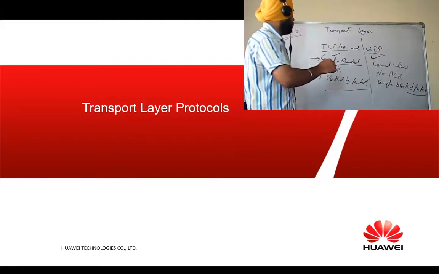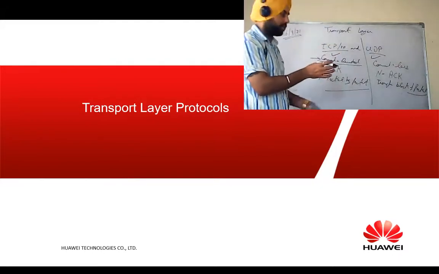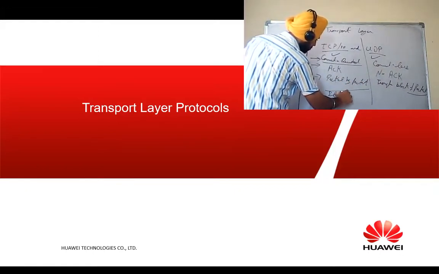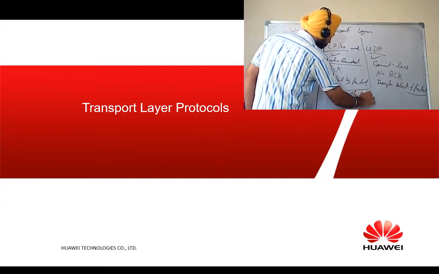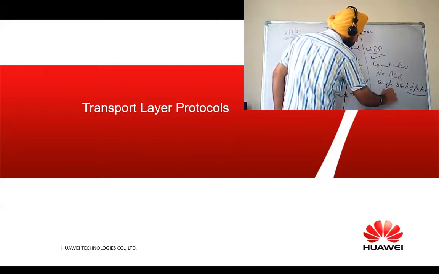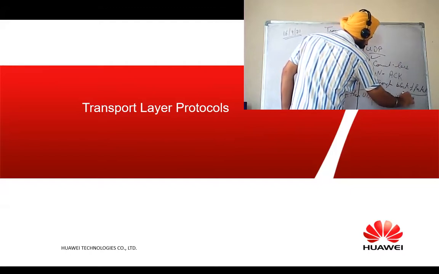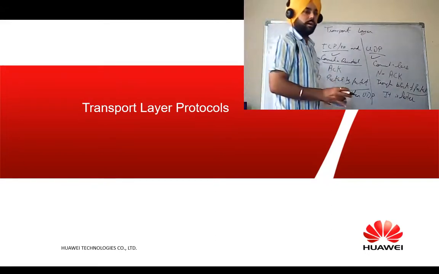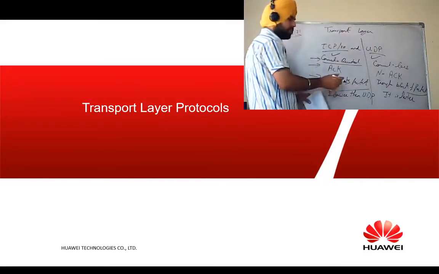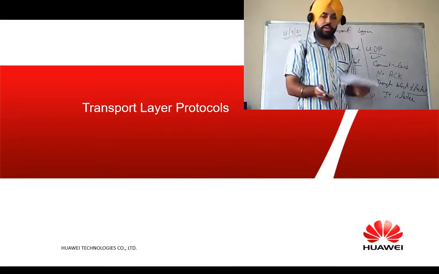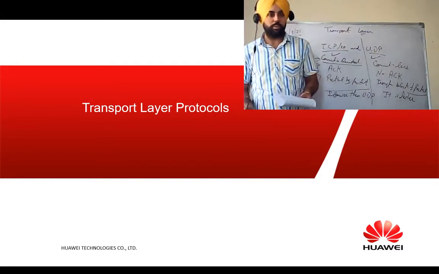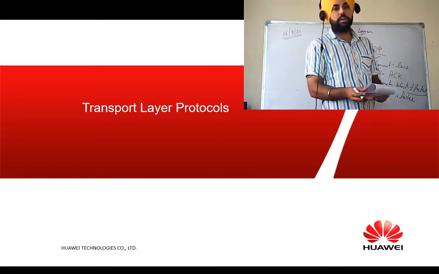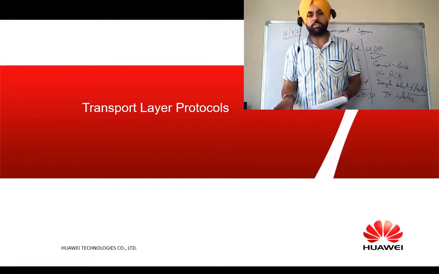Next, which one is faster? Because it is packet by packet, TCP is slower than UDP. UDP is faster. When we require fast data transmission, take the example of UDP: right now we are using the Zoom application for video as well as voice communication.